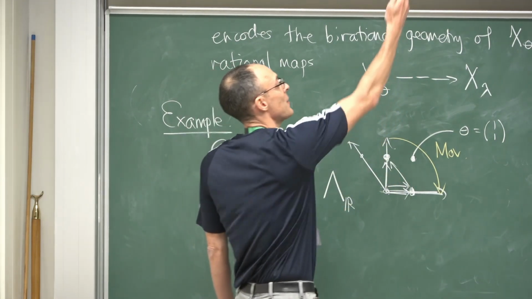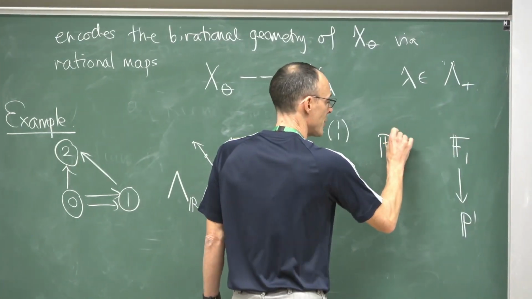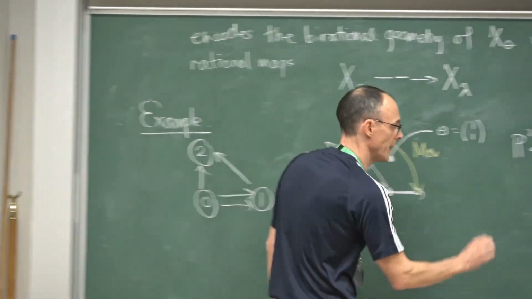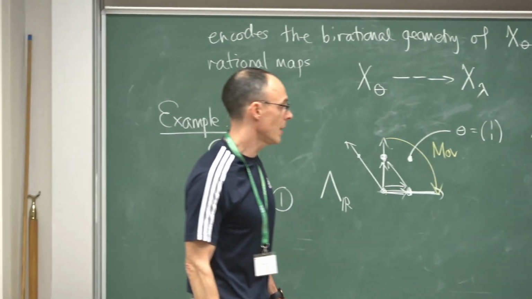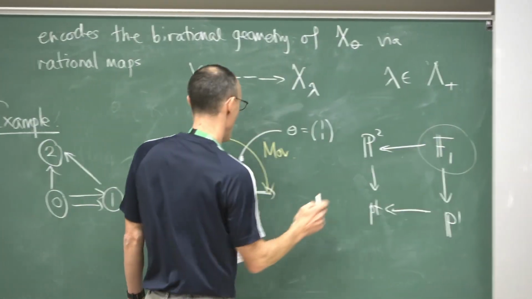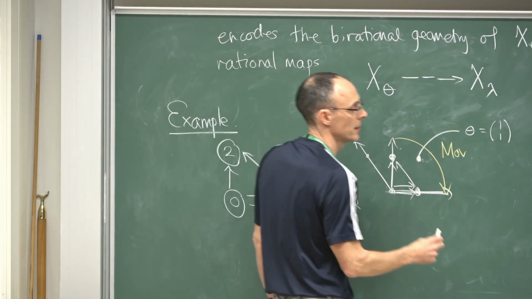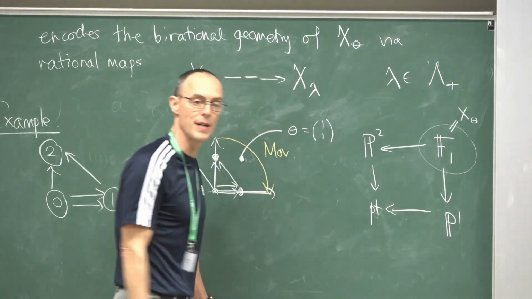It turns out the space of sections of this line bundle is of dimension 3, and sure enough I get a morphism to P2, and then if I choose the origin I get a point. And so that picture tells you an awful lot about the birational geometry of the variety determined by a point inside one of the chambers. That's our x, this is the x theta I'm thinking about, and these are 3 different x lambdas.